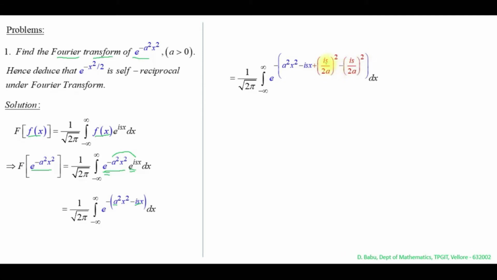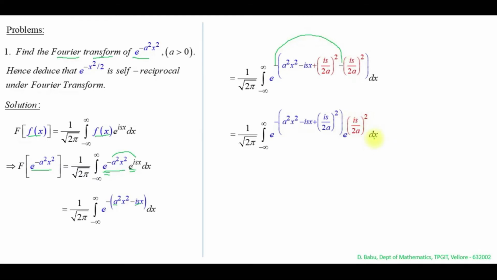Add and subtract is divided by 2a whole square. Next, minus into minus is plus. So this can be written as 1 divided by square root of 2 pi, minus infinity to plus infinity, e power minus of these three terms, and minus into minus gives plus, is divided by 2a whole square dx.